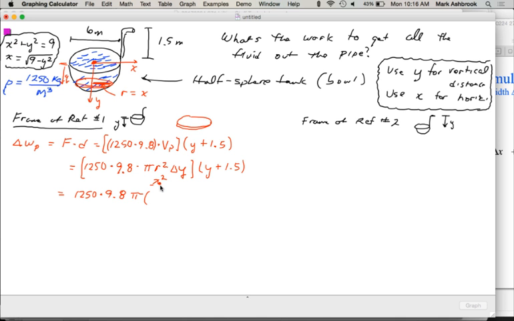That's what we need, so we just say 9 minus y squared, delta y, times y plus 1.5. So, weight density, volume of the typical pancake, which is a function of depth, times the distance that pancake has to move.